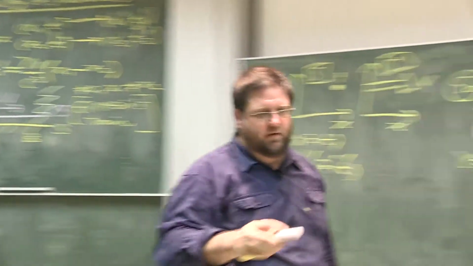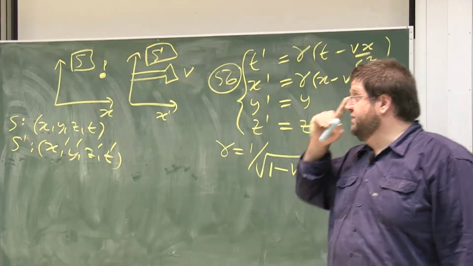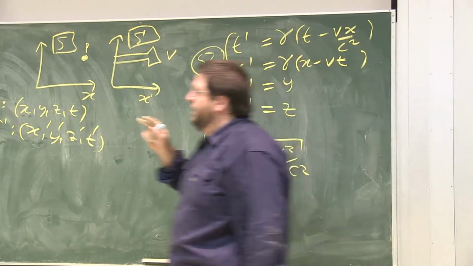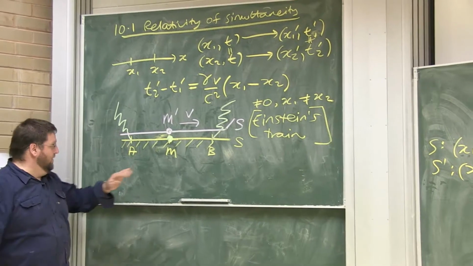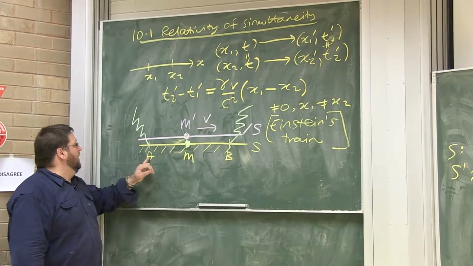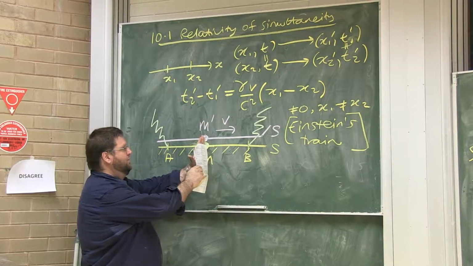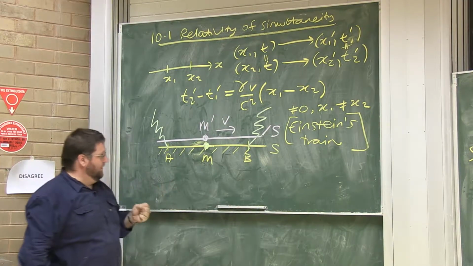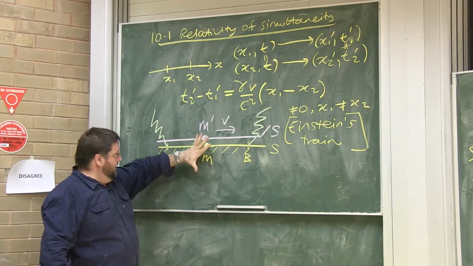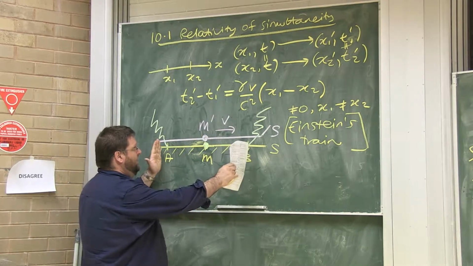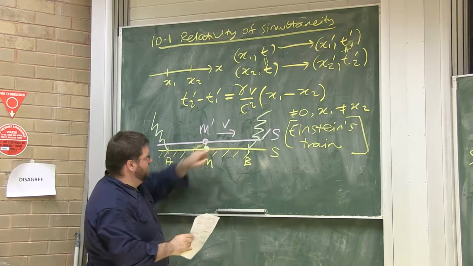But here's the point. The concept of simultaneity being relative is directly connected with the idea that light does not travel at an infinite speed, because according to M, lightning will strike A and B simultaneously. Why? Because they waited and those two light pulses banged into M at some later time simultaneously. But it's very clear from this diagram that when, according to S, lightning strikes A and B simultaneously and the light's going this way, this point M prime is moving to the right.